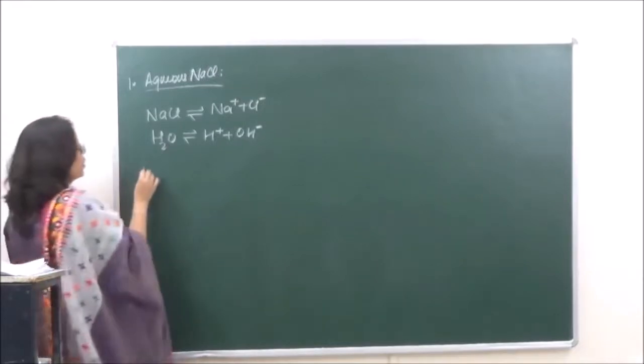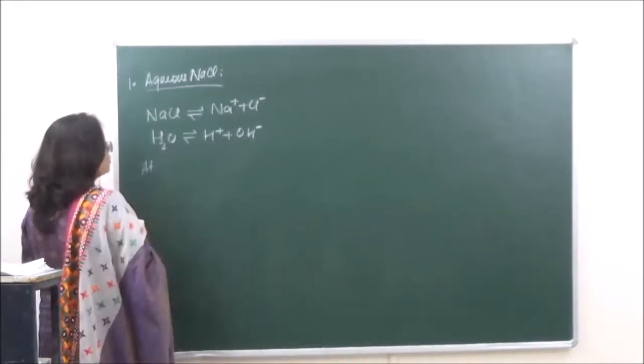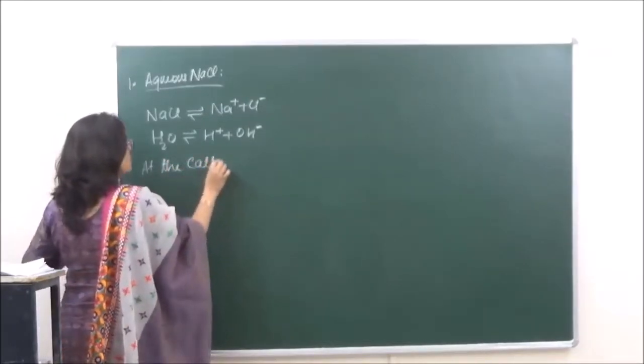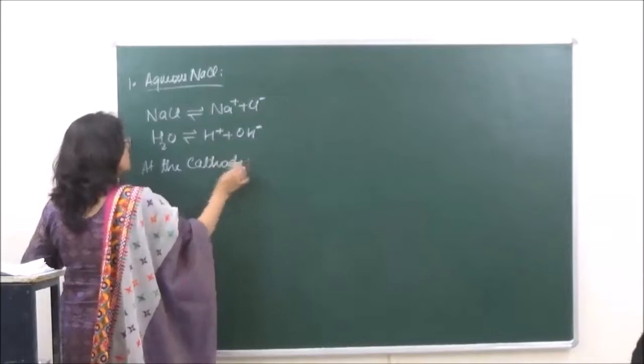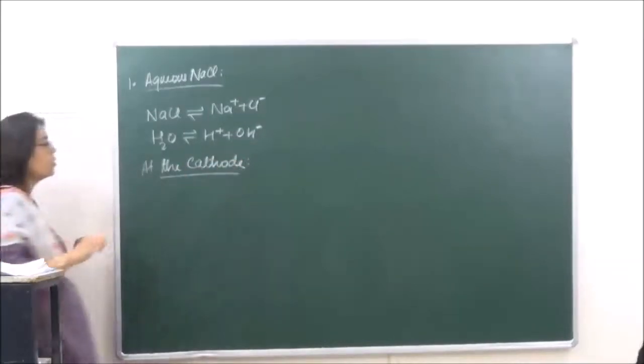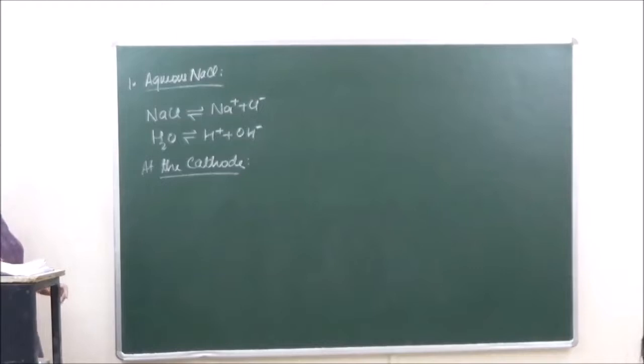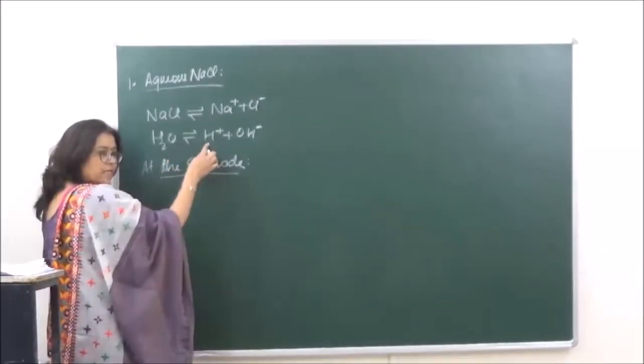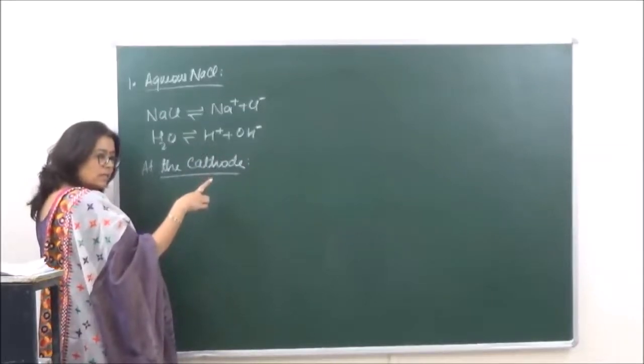Now when we are talking of reactions at the cathode, what is happening over here? There are two positively charged ions, both going to run towards the cathode.